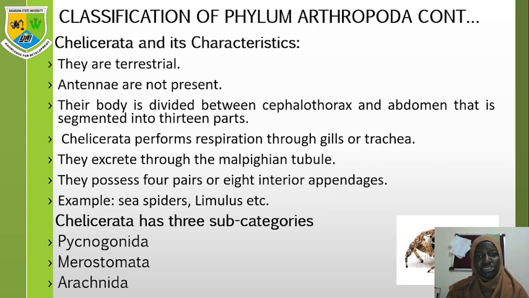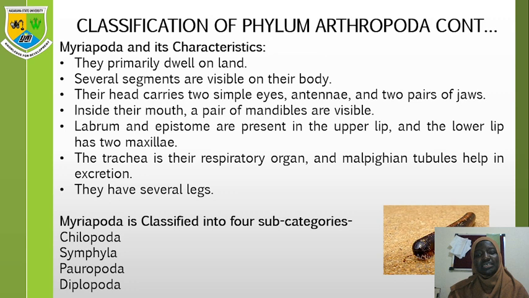They excrete through their Malpighian tubules and possess 8 appendages. An example of these is the spiders we see nowadays. Chelicerata are divided into 3 subcategories: the Pycnogonida, the Merostomata, and then the Arachnida, which are mostly insects.